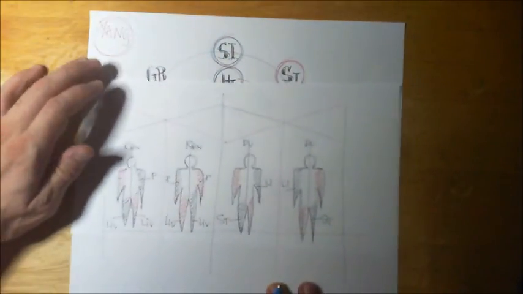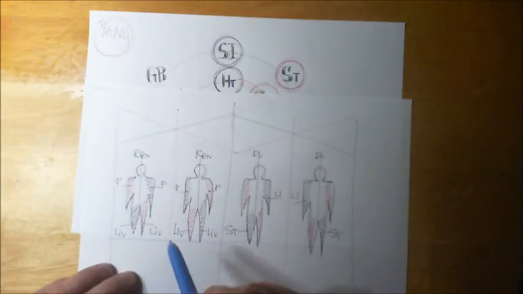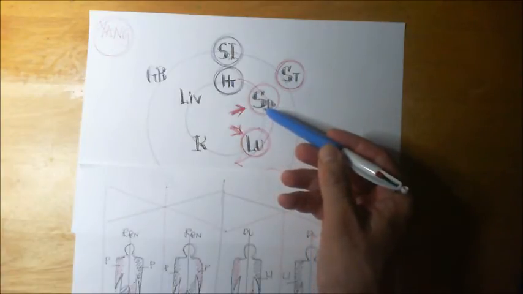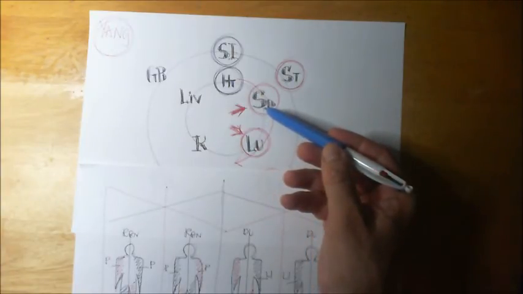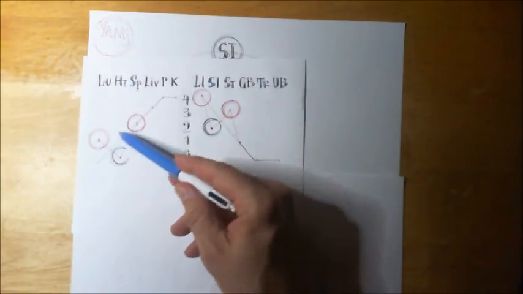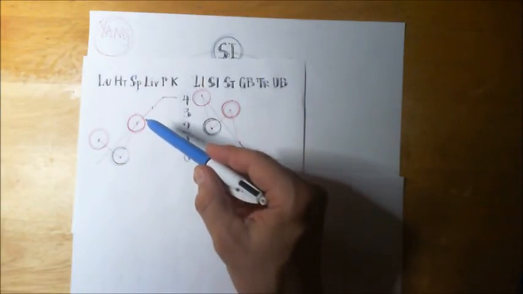So in our case, during the yin period, we will use spleen and lung. They are excessive, so they can receive yang.